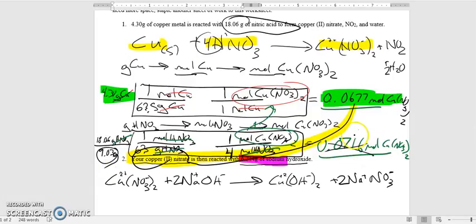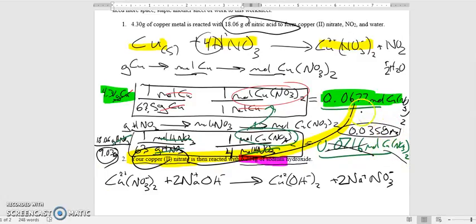So you would end up with something like 0.0358, something like that, moles. This would be the lesser amount, so this is how much got made. And what that would mean is that your nitric acid, 9 grams of hydrogen nitrate, was gone. It ran out when you made 0.0358 moles of copper 2 nitrate.